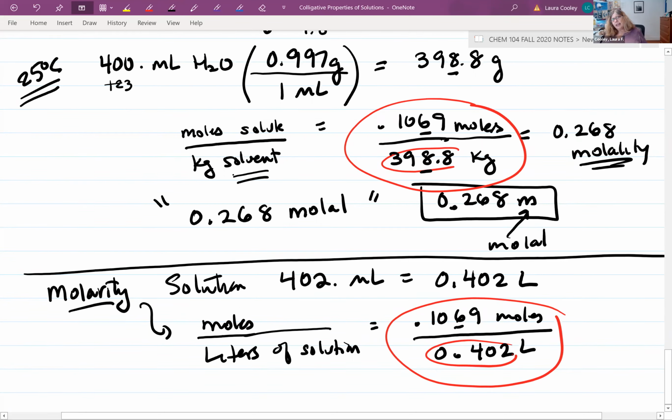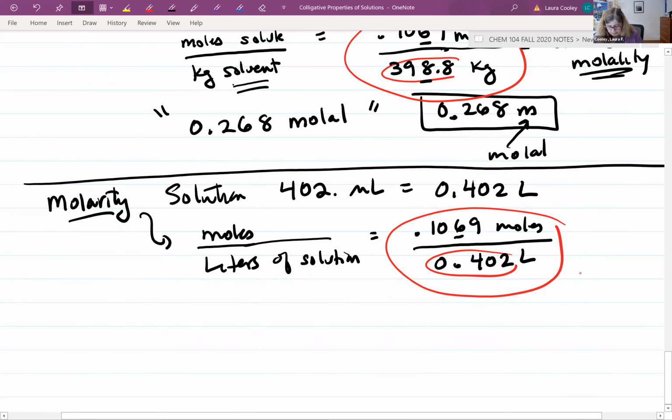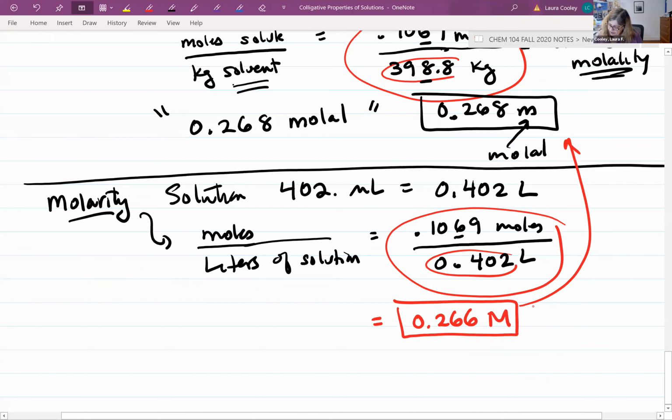But if you had a solvent that had a significantly different density from 1 gram per milliliter, like a lot of alcohols, their densities are quite a bit lower, then this wouldn't look so similar. When you do the math here, it comes out to 0.266 molar. So you could see that these numbers are very close. And that's because the solvent is water.